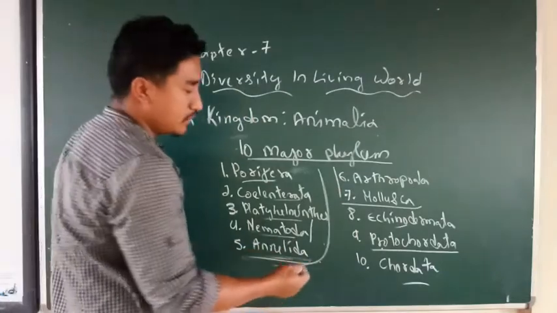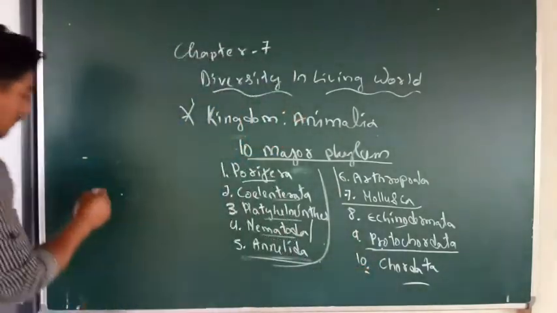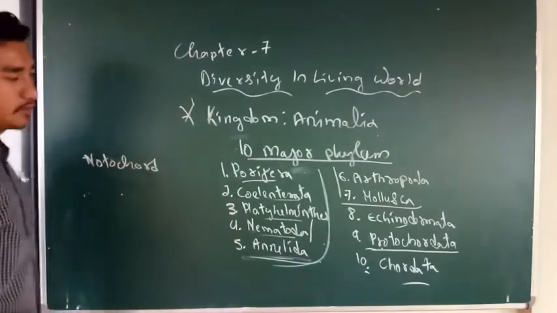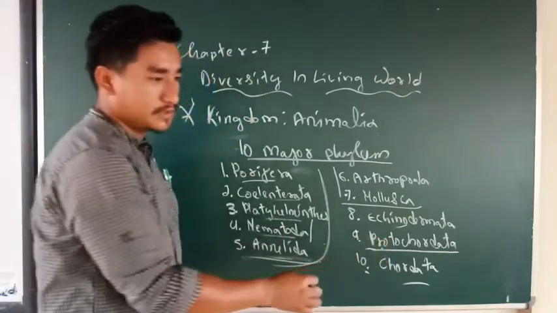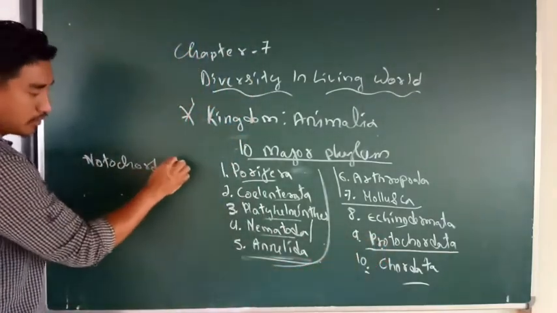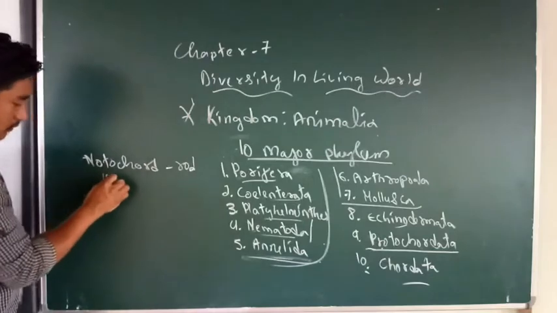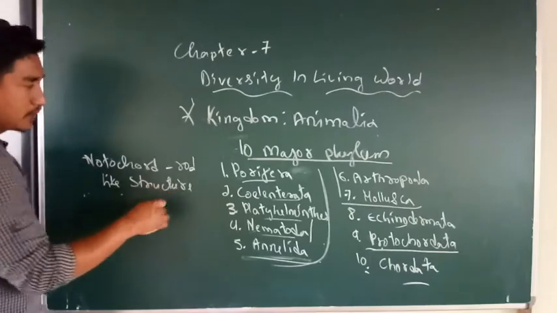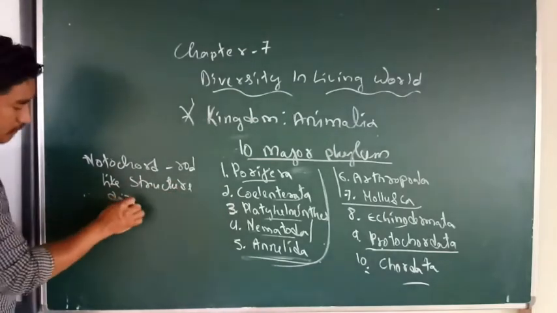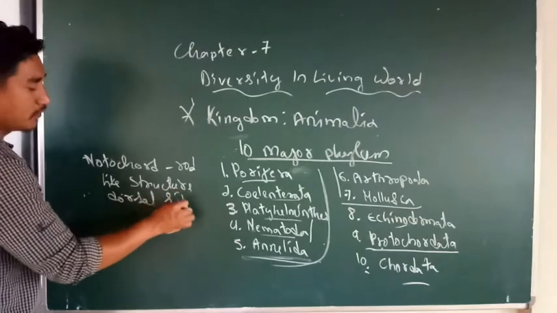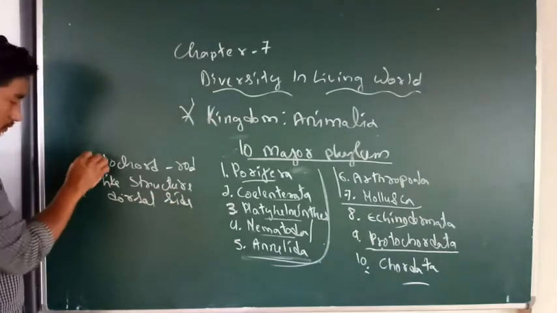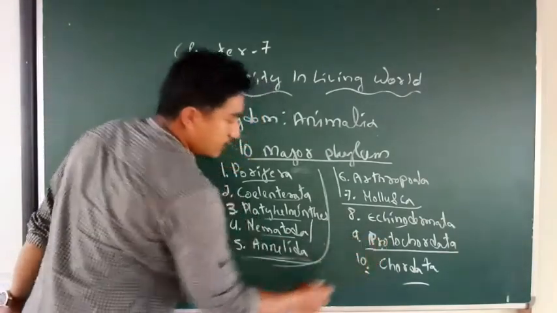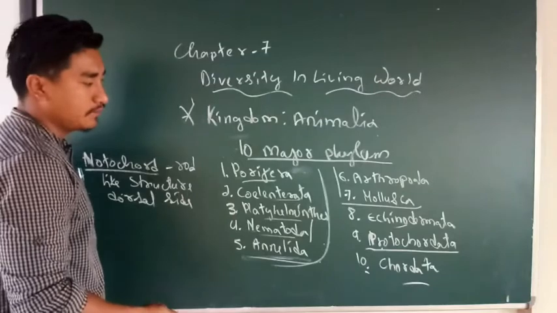The only characteristic which resembles the chordates is the presence of a notochord. This notochord is a rod-like structure present on the dorsal side of the organism, formed in the early stages of their life.